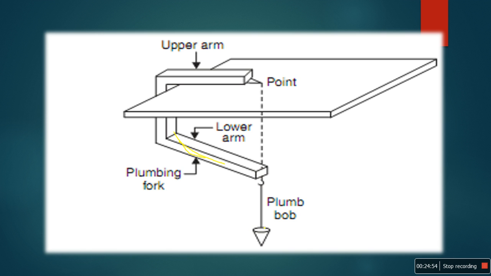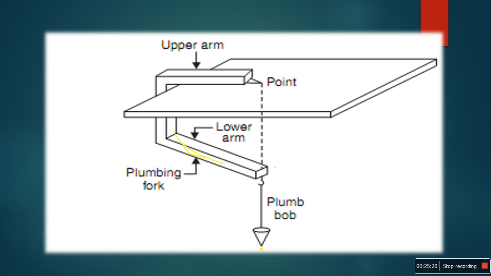After stopping the movement of the plumb bob, you can mark this drawing sheet point on the ground station. Or if the ground station is already there, and you want to transfer the ground station to the drawing sheet, in that condition keep your plumb bob suspended like this over the station.